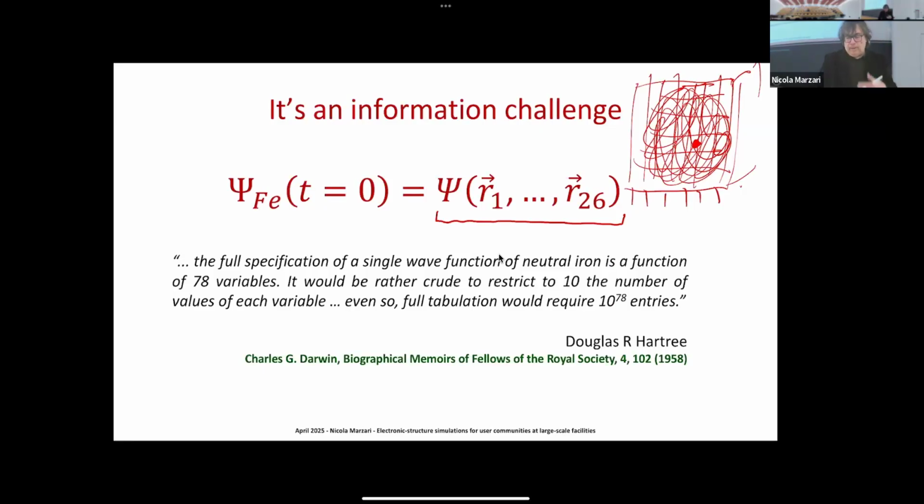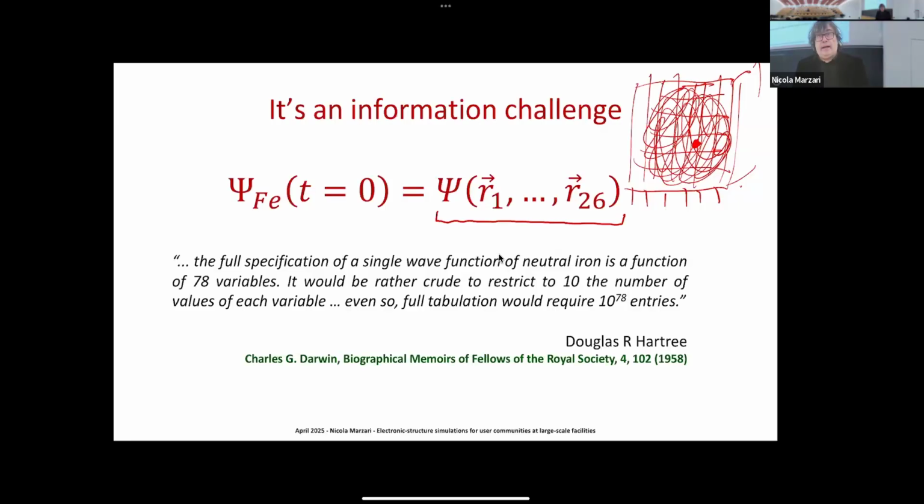Then R1y, R2y, R3y, R1z, and so on. We are going to have 10 to the 78 numbers. So 10 to the 78 numbers is more than the number of atoms in the universe. So even an extremely rudimentary sampling of the wave function of one single atom is beyond our capabilities.